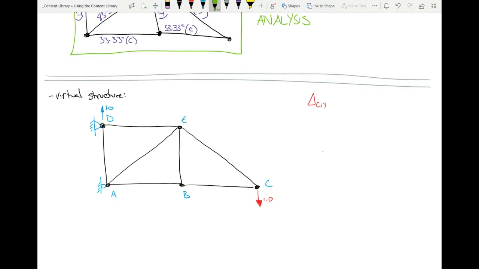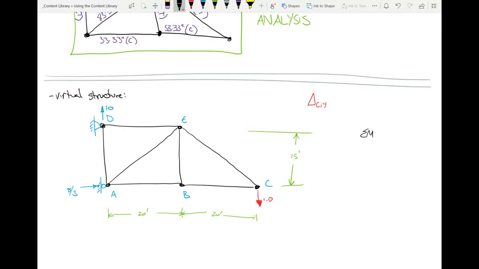So this is 20 feet, 20 feet. Direction here, this is 15 feet, right? And so if I sum moments at D, what am I going to have? I'm going to have 1 times 40 equals the reaction times 15. So 40 over 15, this is 8/3. And if I did that kind of fast, I'll do it formally.